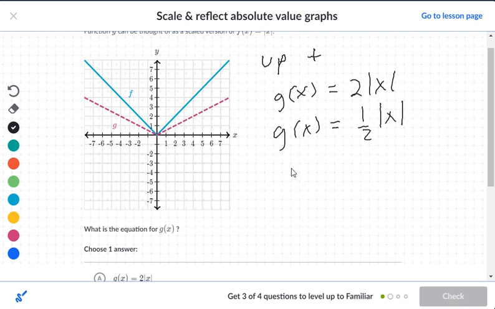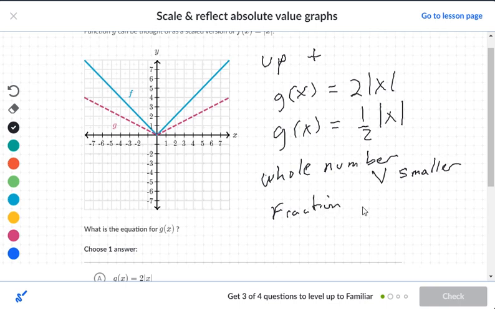When you're dealing with whole numbers and fractions, you know that whole numbers are much bigger than fractions. But when you're dealing with absolute values, everything is the opposite. When you have a whole number here, you're going to find that the whole number actually makes the absolute value graph smaller. When you have a fraction, it makes the absolute value graph larger.